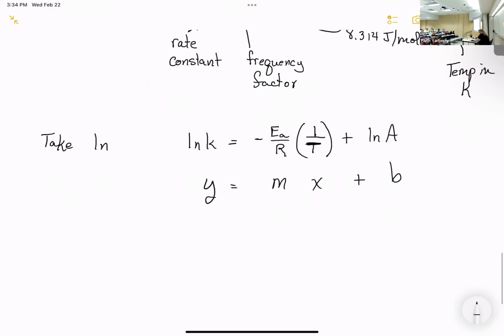So the slope of your line is equal to a negative E sub A over R. Meaning you have a way to determine the energy of activation by graphing the natural log of the rate constant versus 1 over temperature.